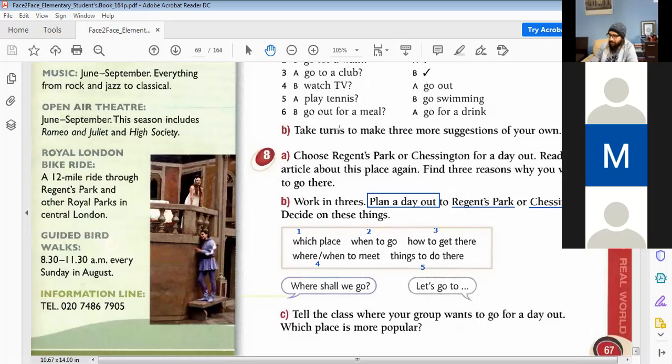Yes. Okay. When shall we get there? I didn't understand the question. Okay. When shall we get there? When? What time?